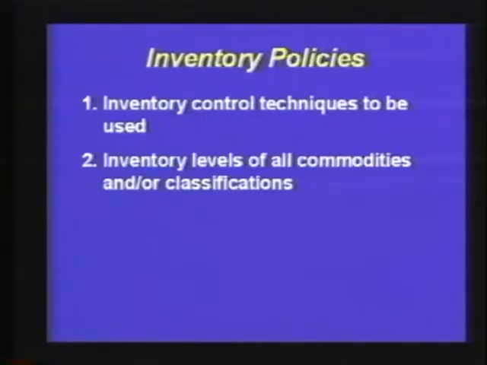The inventory levels for all commodities and classifications pertains to the inventory class code for classifications, or the family or commodity code for similar type items within a family. As an example, bearings is a family, AC motors is a family, DC motors is a family. Then we can get into hardware items as a family, plumbing supply items, and so forth.